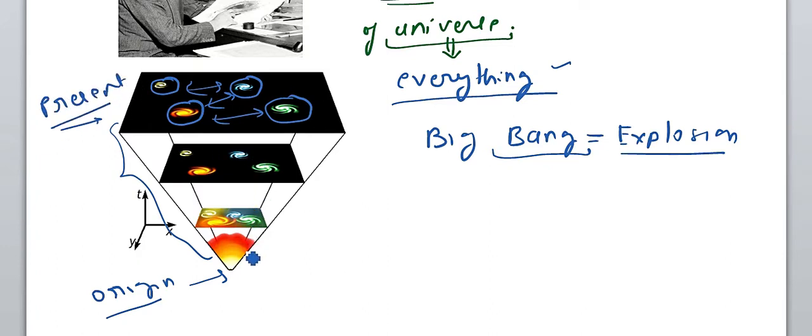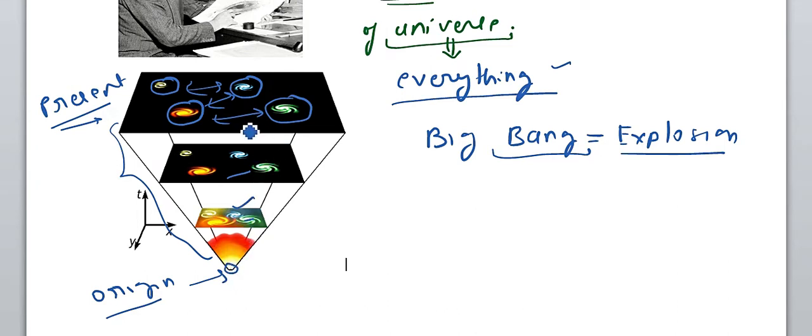As we move from the origin towards the present time, what we can see here is that these galaxies are moving away from each other. So because the galaxies are moving away from each other, Hubble concluded that there must be a time in the past when all these galaxies were present at a single point, right?